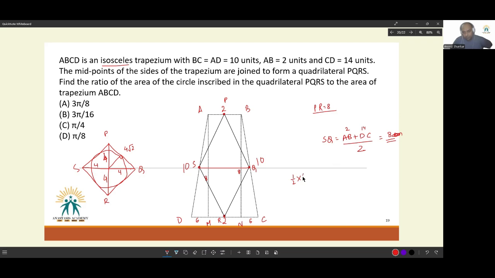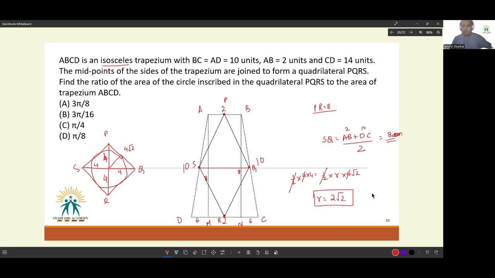Half into 4 into 4 is equal to half into radius into 4 root 2. So half and half gone, 4 and 4 gone. We are left with R is equal to 2 root 2.